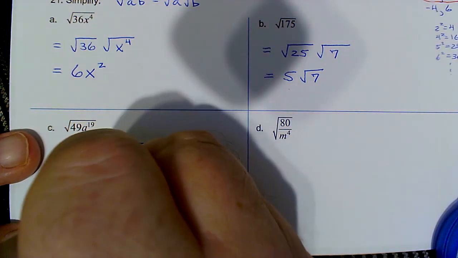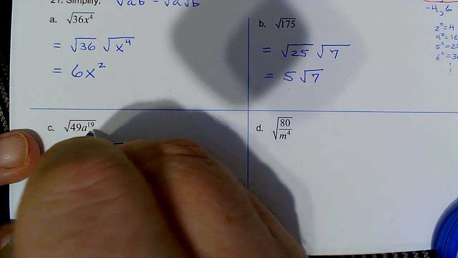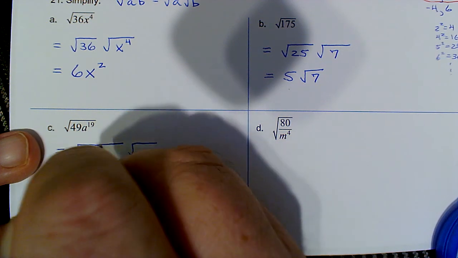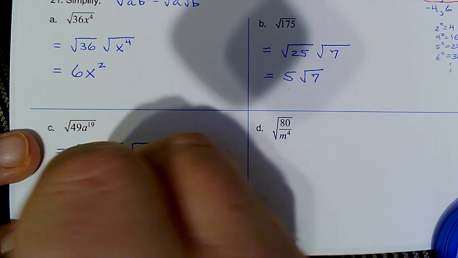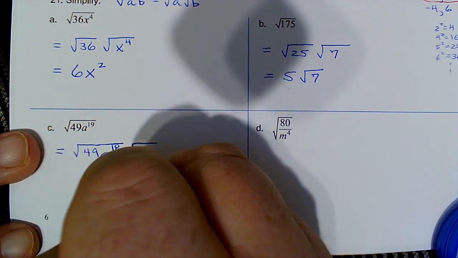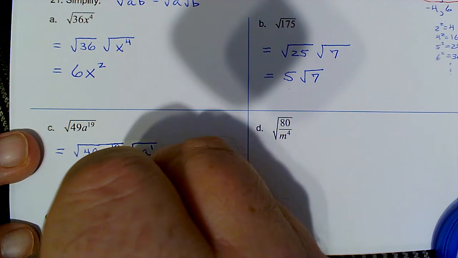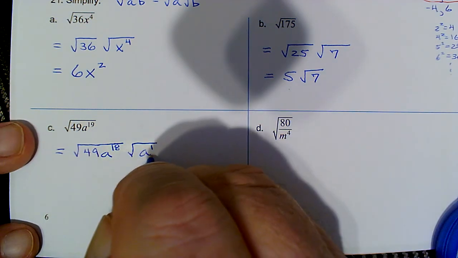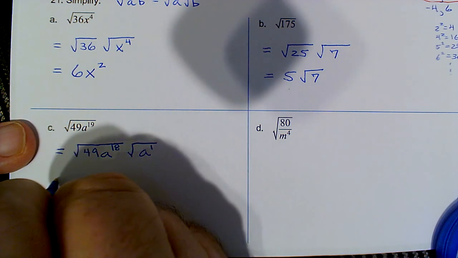So what we do, recall, is we take out as many factors as possible from the variable, which is always going to be one less, in this case a to the 18th. And then the leftovers would just be a to the first, because a to the 18th times a to the first is a to the 19th.